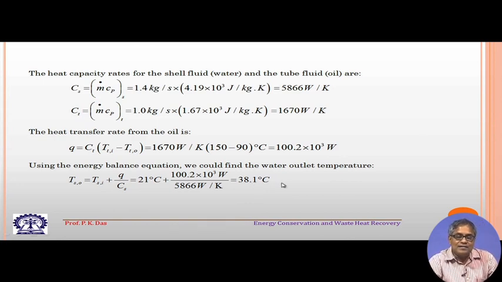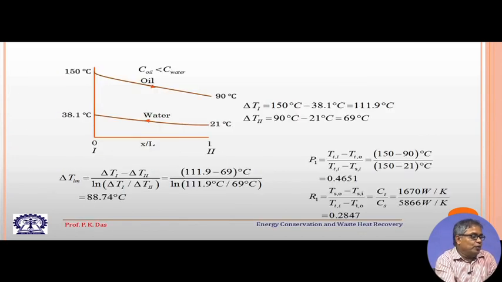So, water enters at 21 degree Celsius and leaves at 38.1 degree Celsius. With this we have got 4 temperatures of the heat exchanger. 150 degree Celsius oil enters, it goes out at 90 degree Celsius, water enters at 21 degree Celsius and goes out at 38.1 degree Celsius.